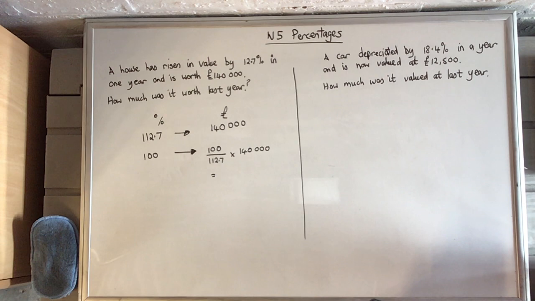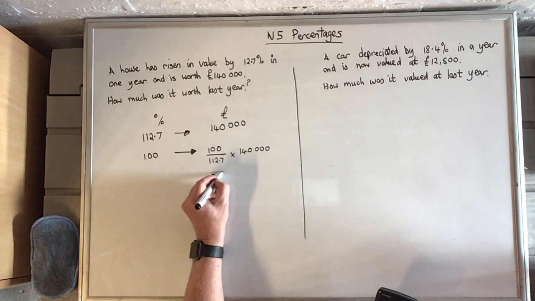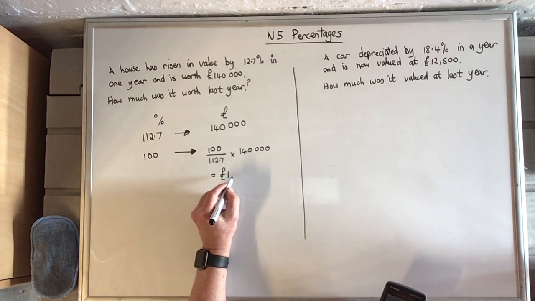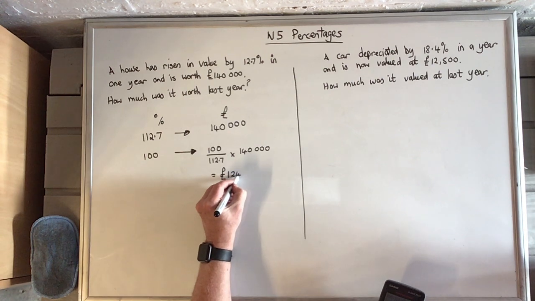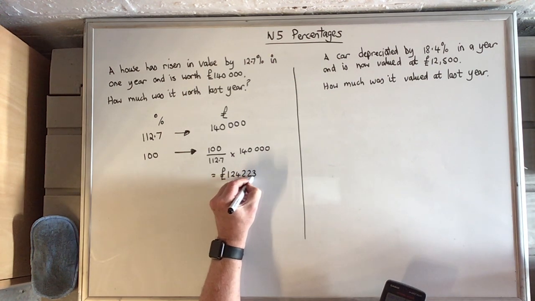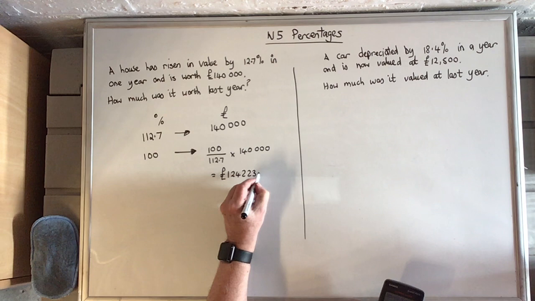So we just do that calculation. That's 100 divided by 112.7 times 140,000. And that comes to 124,223.60.